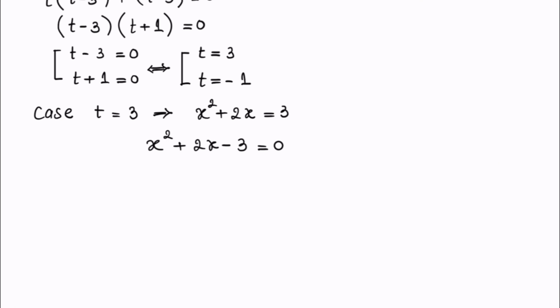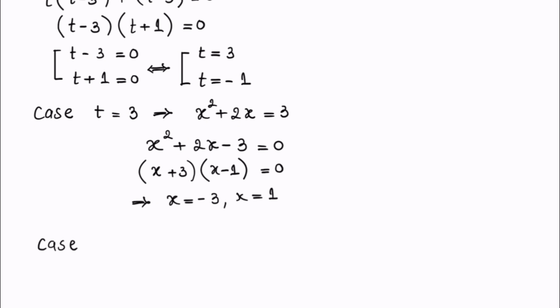Okay, so we can solve this quadratic equation by factoring. We will get x plus 3 factor with x minus 1. Then we will get x equal to negative 3 and then x equal to 1.